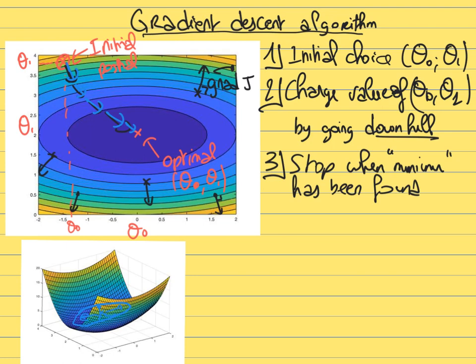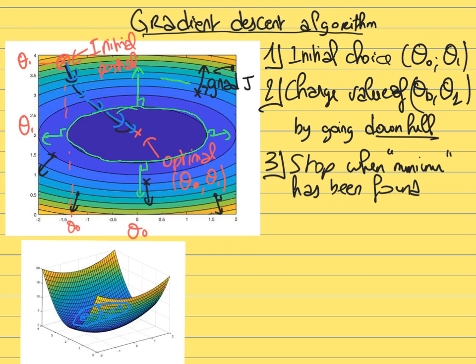So those contours tell you the direction along which the cost function doesn't change. The gradient here tells you the direction in which the cost function is increasing the fastest, the most. And those gradients are always orthogonal to those contours. Those black lines are the direction where the function is not changing.